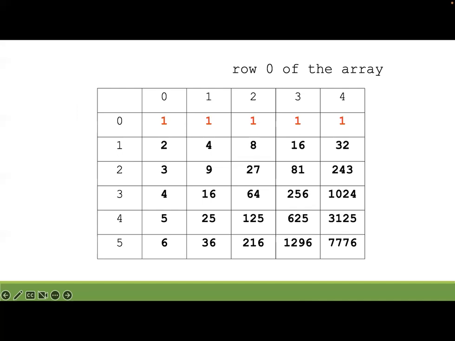So row 0 of our array, which is our first row, would have the values 1, 1, 1, 1, 1 in it. And similarly, column 1, or the second column, would have these values in it.